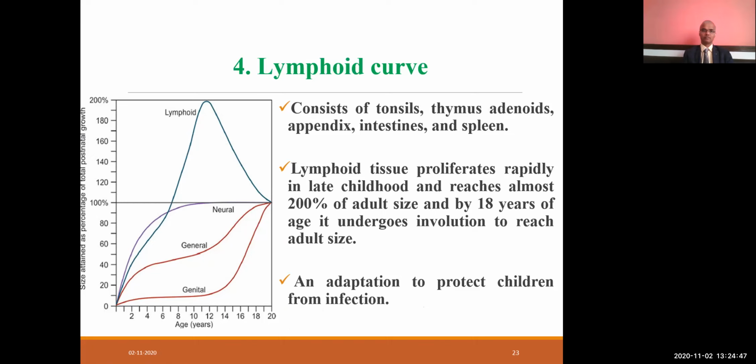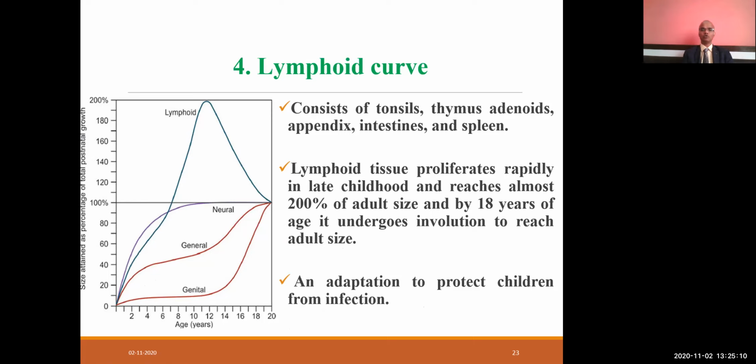Next is the lymphoid curve. This curve shows growth of lymphoid tissue. So lymphoid tissue consists of tonsil, thymus, adenoids, appendix, intestine, and spleen.